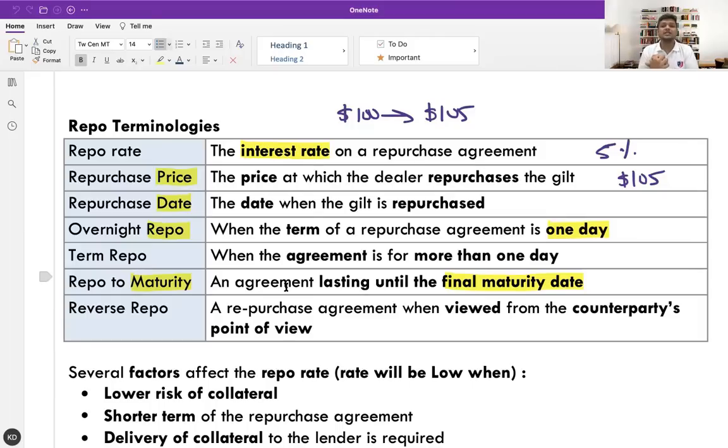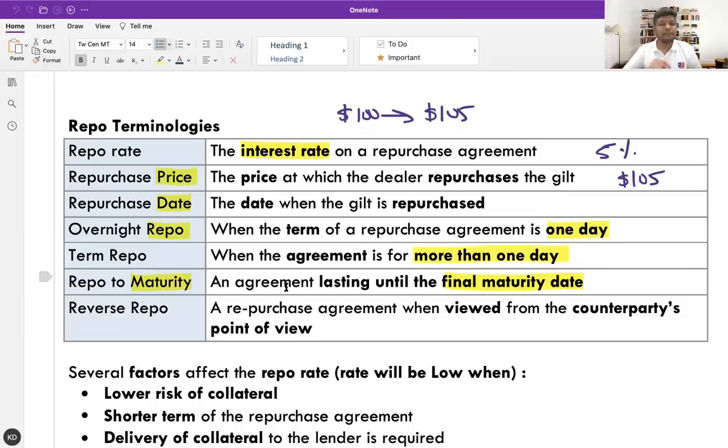So if the maturity is 10 days, it's going to be 5% into 10 by 365. Clear? Okay, no one's going to pay you $5 for 10 days. Correct? Yes. Right? Term repo. So overnight repo are for 1 day, term repo are for more than 1 day. Simple. Clear?